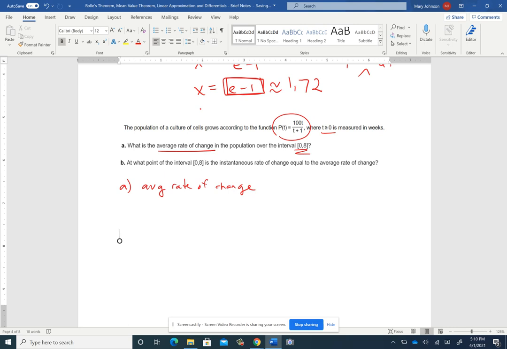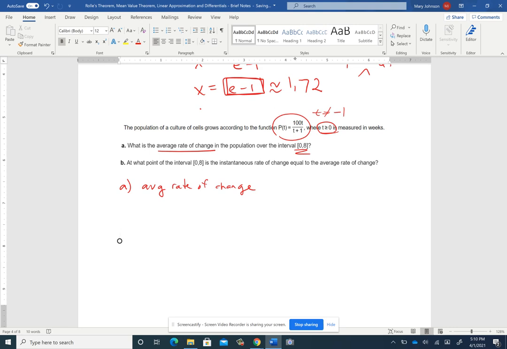So first off, for me to be able to use the mean value theorem, I'd have to think about whether this function is continuous and differentiable. It's a rational function. Notice in the denominator you have t plus 1, so t better not be -1. But it won't be, will it? Because they want me to be just bigger than or equal to 0, or the interval from 0 to 8.